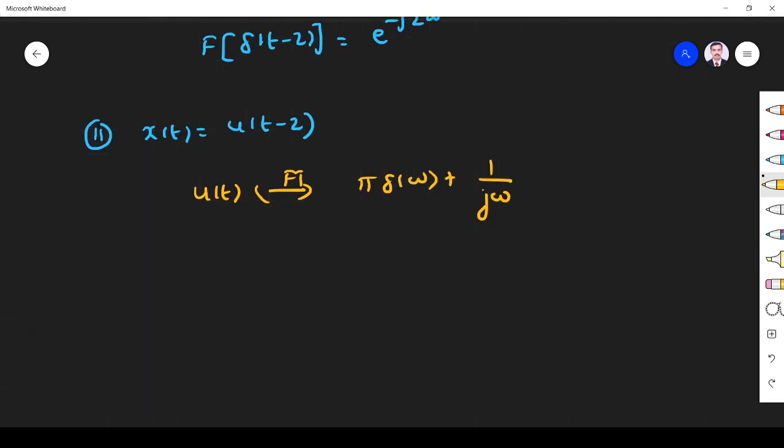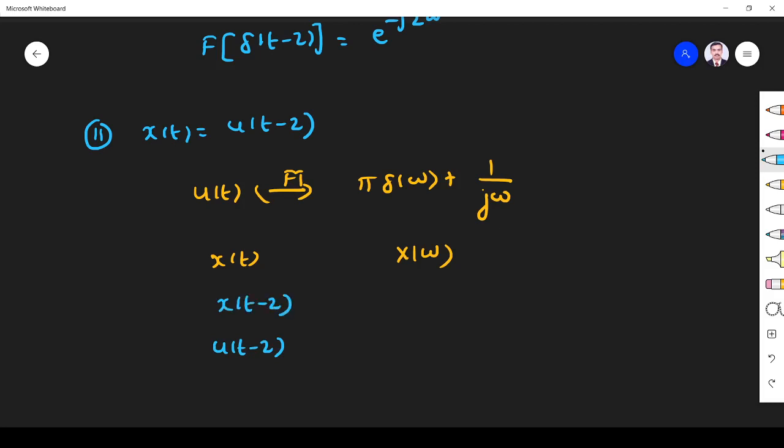Let us assume this is our x of t, for example. Here, just for the problem we have been given, we take x of t as u of t, and this is X of omega. If x of t is u of t, X of omega is this one. What they asked is u of t minus 2, that is x of t minus 2.